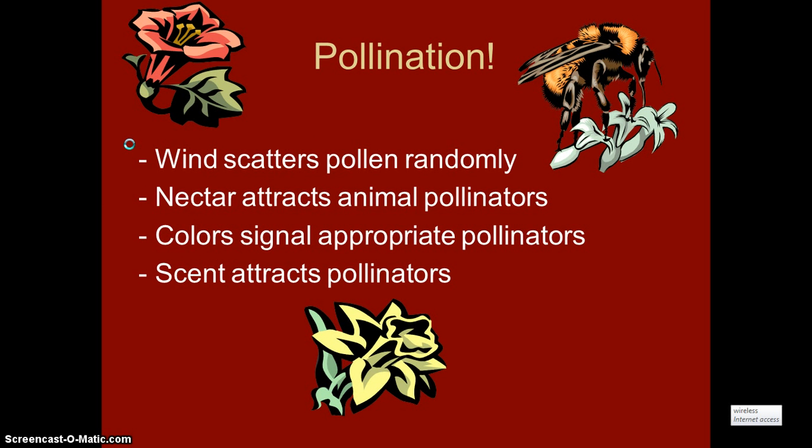So what actually is pollination? Well, what happens is that the wind comes up and grabs the pollen and begins to scatter it randomly. And what plants hope is that through the help of wind, this pollen will land on the stigma. So if you look up here at this picture in the upper left-hand corner, the stigmas are right here. The anthers are right next door.